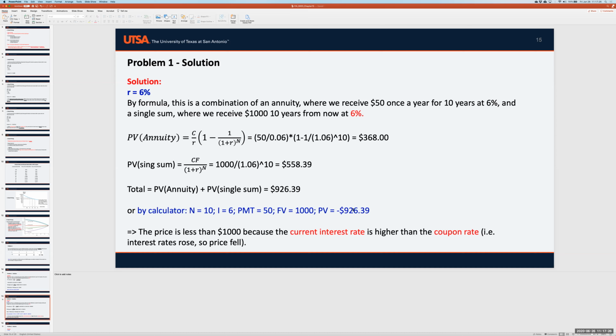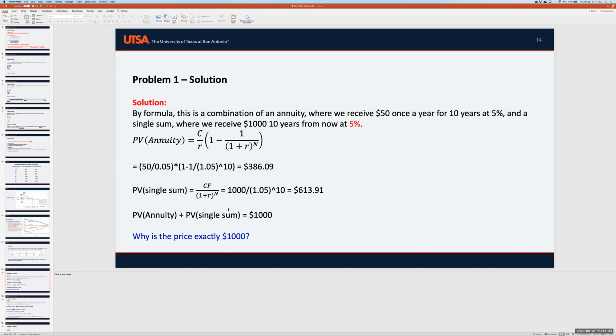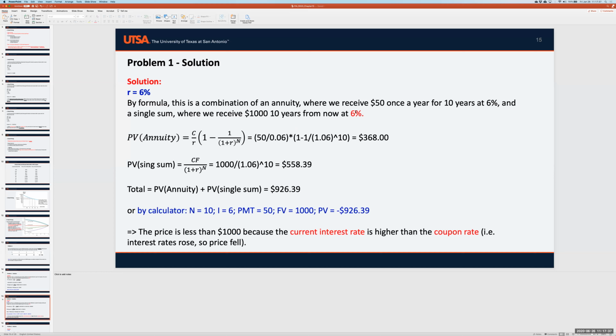So why do we find this? Because now the interest rate is 6%, it's not 5%, right? We are using a different discount rate.